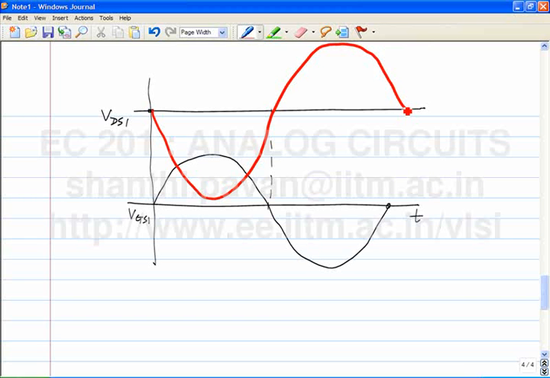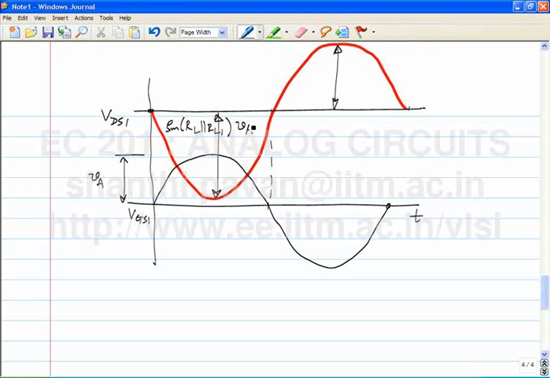So the key point is to understand that these two are equal to GM times RL parallel RL1 times VA.